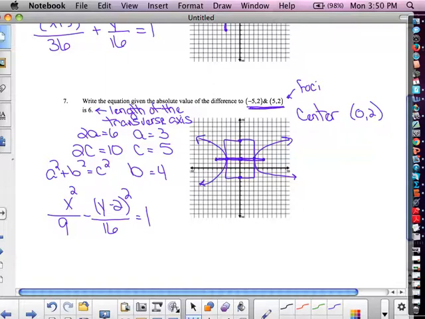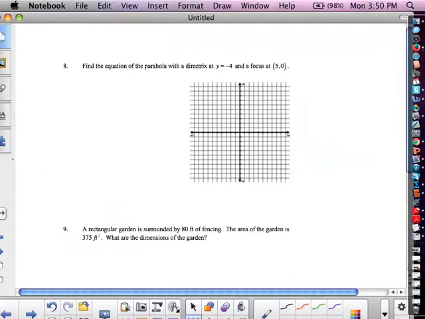Okay, next one is a delightful little parabola. It says find the equation of the parabola with a directrix at y equals -4, 1, 2, 3, 4, right here, and a focus at 5, 0.